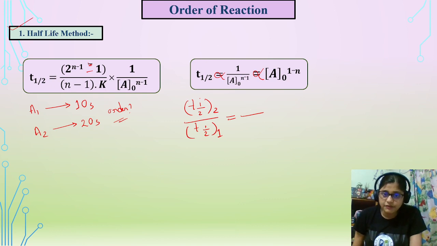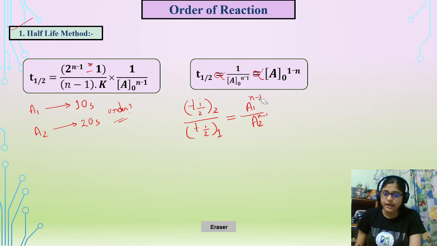It will be inversely proportional, right? So A1 will be here, A1 by A2 here, in minus 1, in minus 1. So overall we can use only 1 in minus 1, like this one, right?